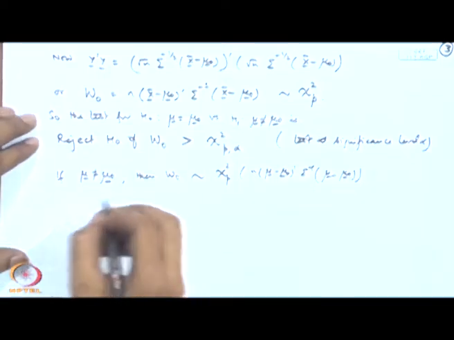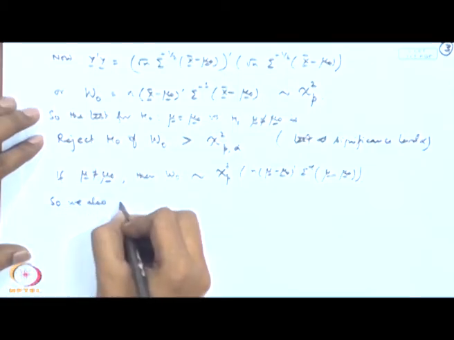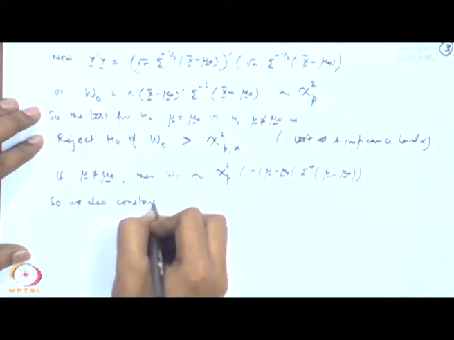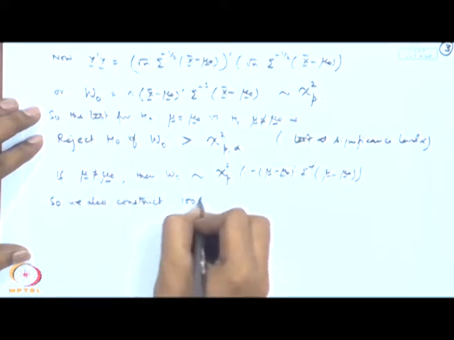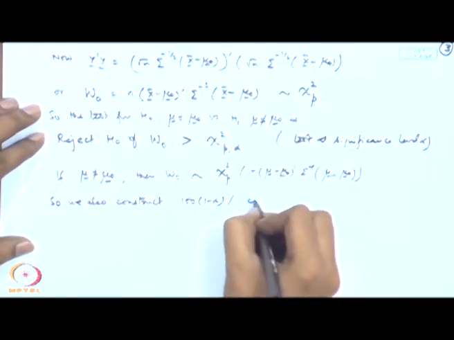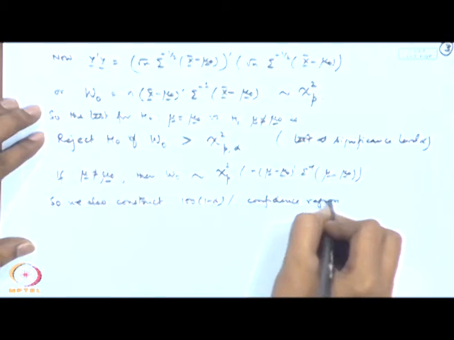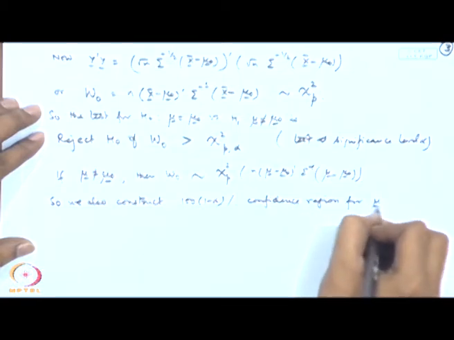So, we can also construct one minus alpha, that is 100(1 minus alpha) percent confidence region for mu.